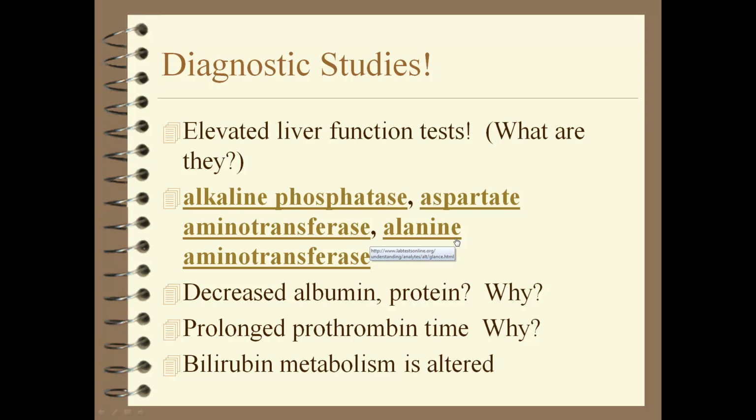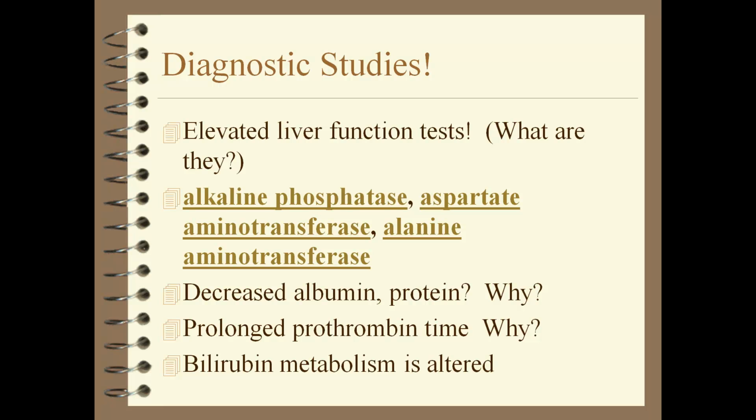So diagnostic studies. Well, at the beginning of any kind of cirrhosis, someone will have elevated liver function tests. So alkaline phosphatase, aspartate aminotransferase, alanine aminotransferase. Those are all the ones you see on the lab report, ALT, AST.